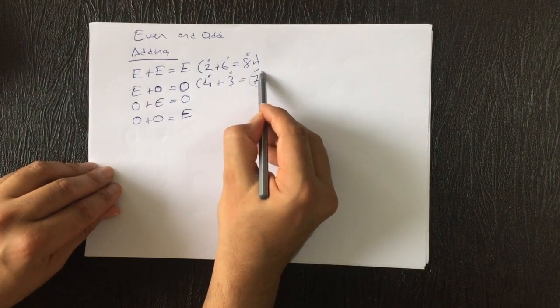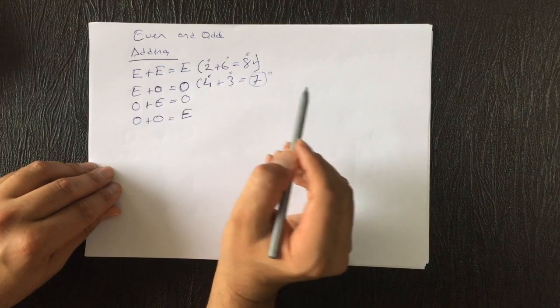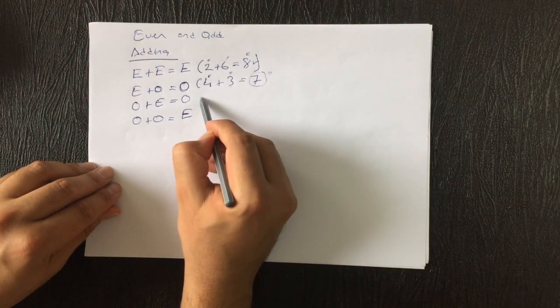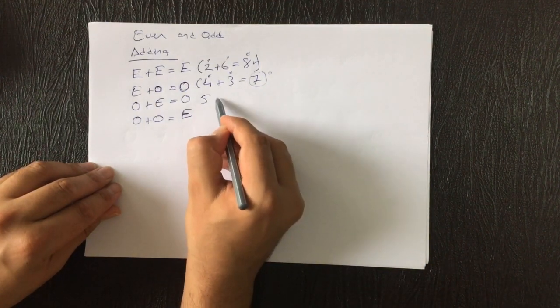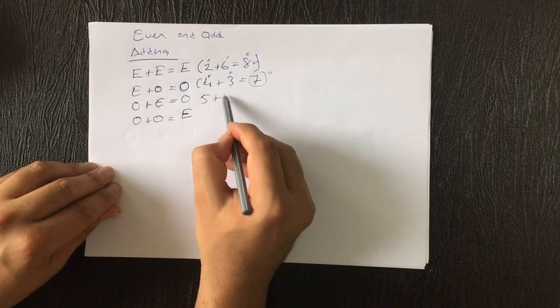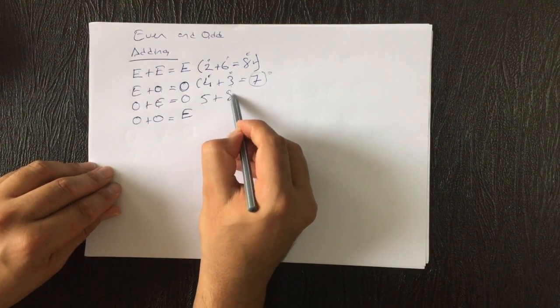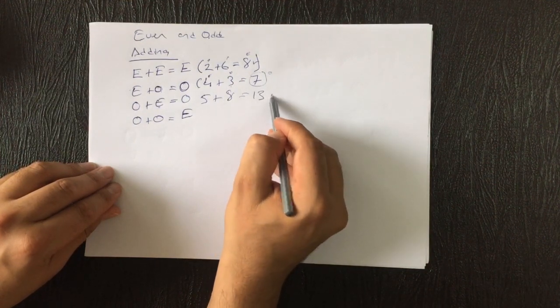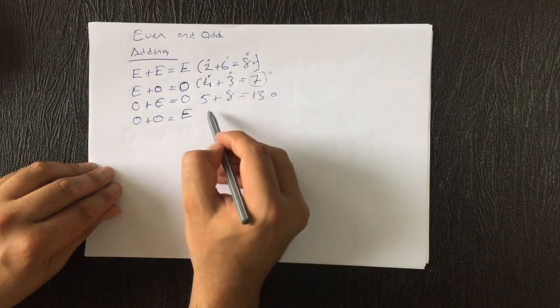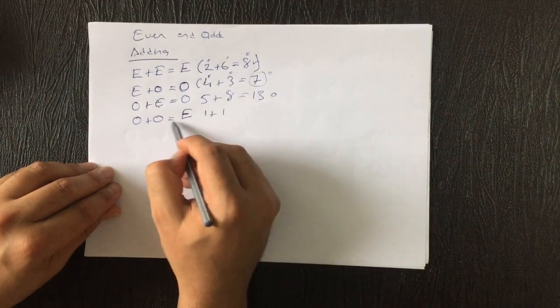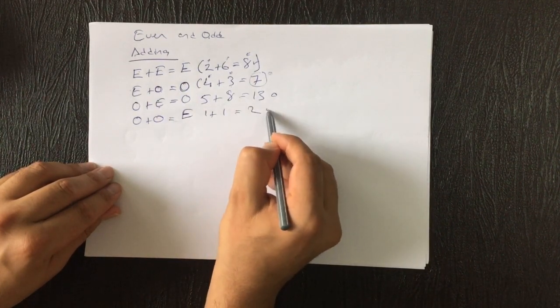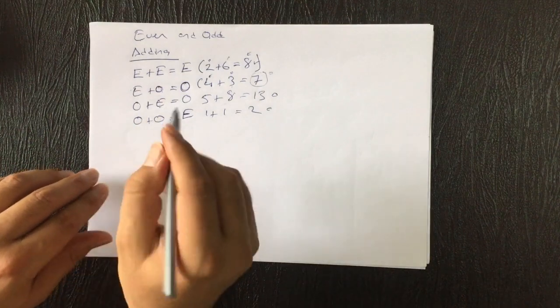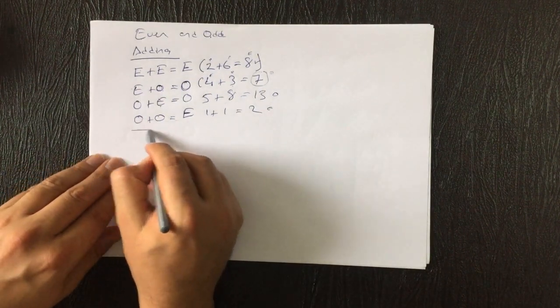So what is your result? It's odd. What about this? For example, odd, tell me, 5. For example, even, tell me, it is 8. So what is the result? 13. Also this is odd. For example, 1 plus 1 for the last one, it is 2, it's even. Okay, I will come here after.